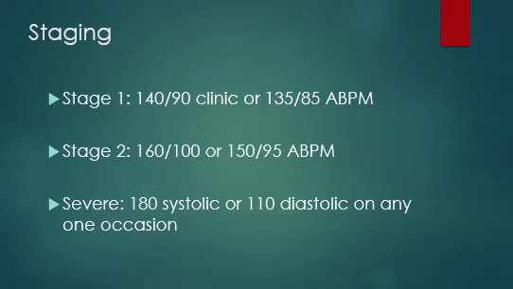And then severe is the only one that's actually different: at any point that you measure someone's blood pressure and it turns out to be 180 or more systolic or 110 or more diastolic on any one occasion, that's severe hypertension. So you'd go straight to treatment as a result of that.